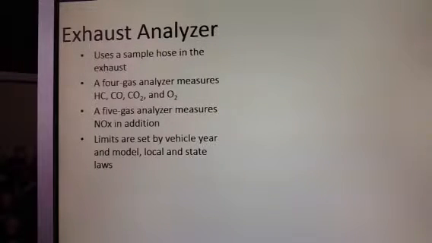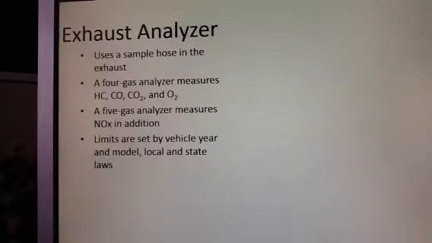Our exhaust analyzers, we've talked briefly about our exhaust analyzers, and what we're doing with those is using a sample out of the exhaust to see what's going on with the engine. The exhaust analyzer is going to use a sample from a hose that is connected into the exhaust. We can have either a 4-gas or a 5-gas analyzer.